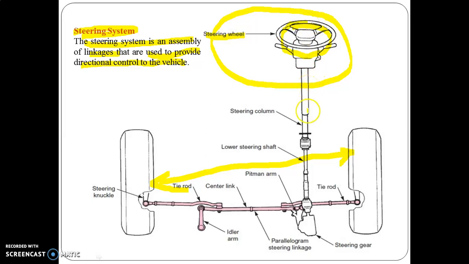Then important part of steering system is the steering gear, which increases the mechanical advantage and converts rotary motion of the steering wheel into straight line motion that moves the steering linkages. And the third important unit of the steering system, these are the linkages, which transmit the steering gear movement to the front wheels for their proper alignment.